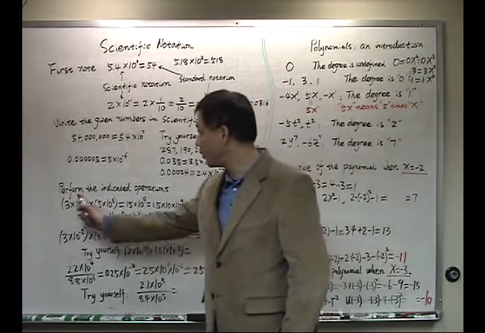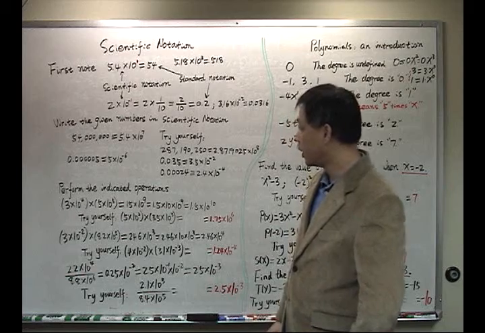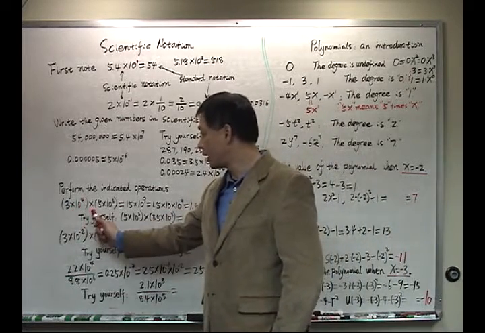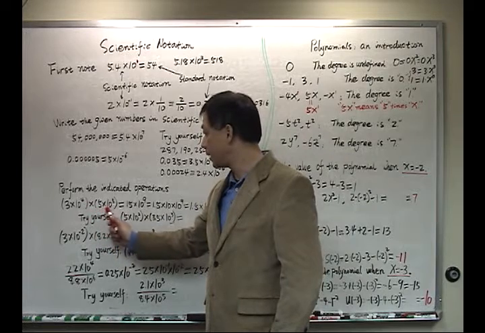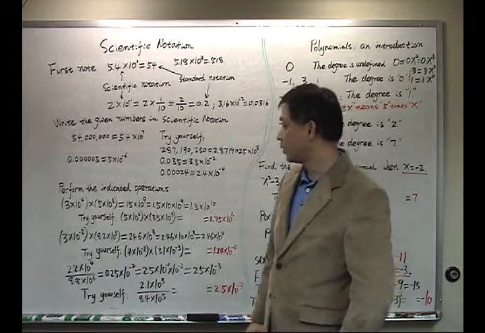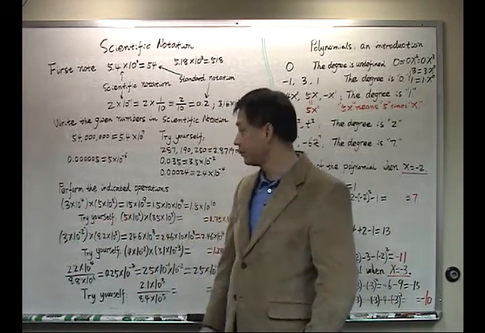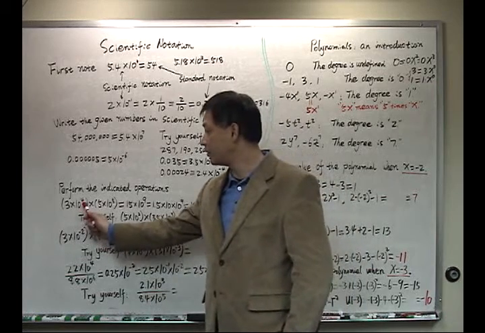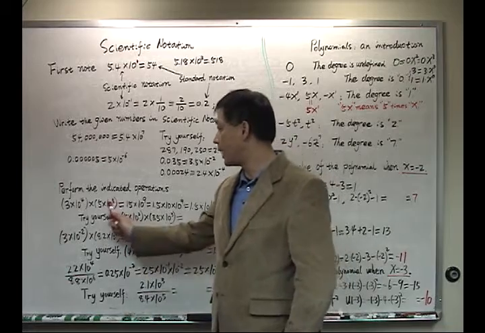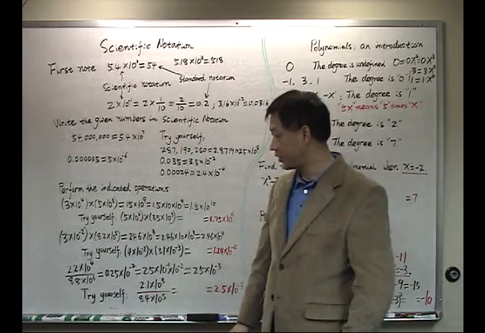Now, let's perform the indicated operations. You know, 3 times 10 to the 4th, times 5 times 10 to the 5th. First, we can do 3 times 5, which gives us 15. And then here is 10 to the 4th times 10 to the 5th. So we need to add 4 and 5 together, which gives us 9 as the exponent.